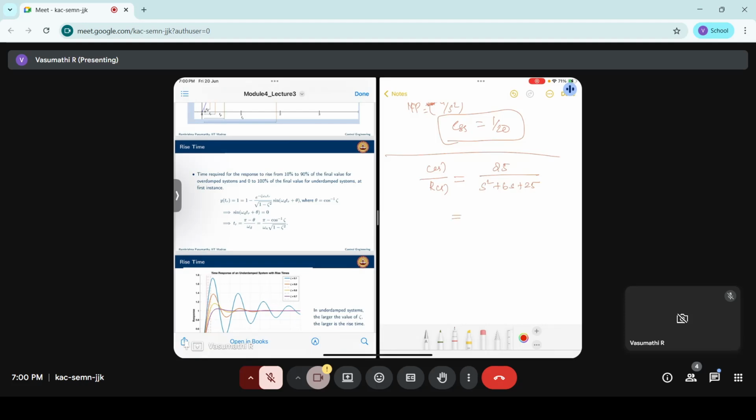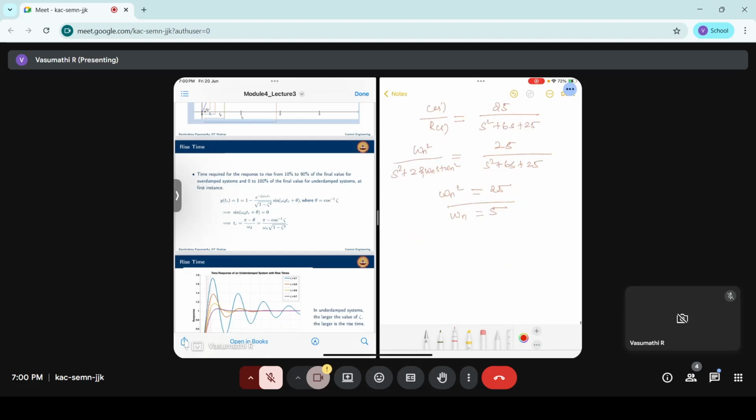So whenever they have given this and ask for time response analysis, the first thing you can do is compare it with the standard system: omega n square divided by s square plus 2 zeta omega n s plus omega n square equals 25 by the rest of the terms. This will give you omega n square is equal to 25. It will be easy to compare.